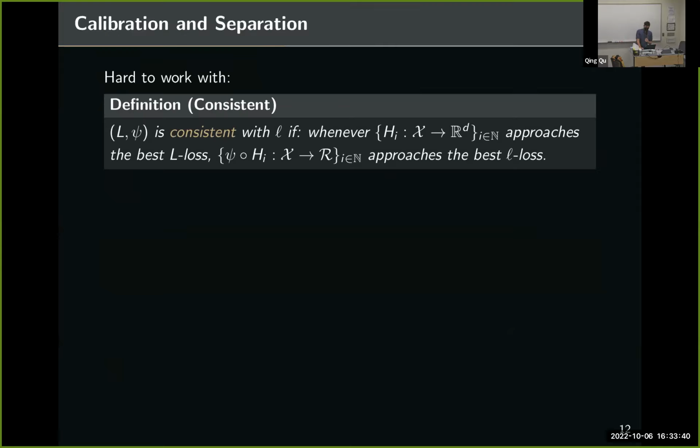All right. So let me tell you a bit about calibration, as the question that started us off, and consistency. Consistency, as it's given to us, is not a very easy definition to work with. You have to seemingly reason about all sequences of hypotheses that are approaching this best loss.